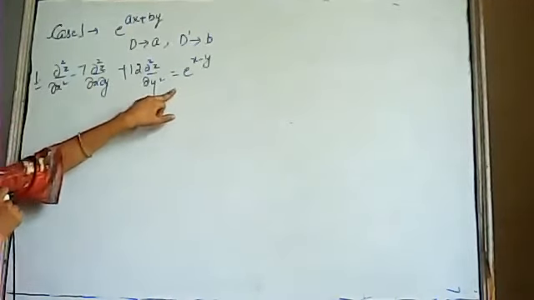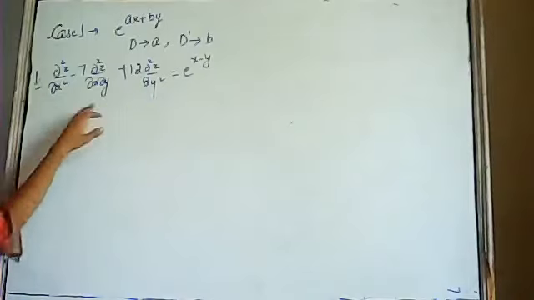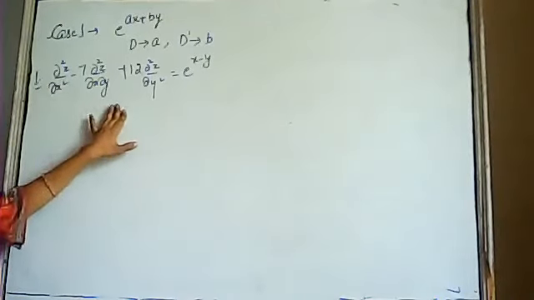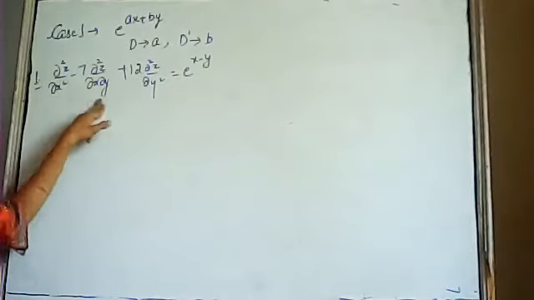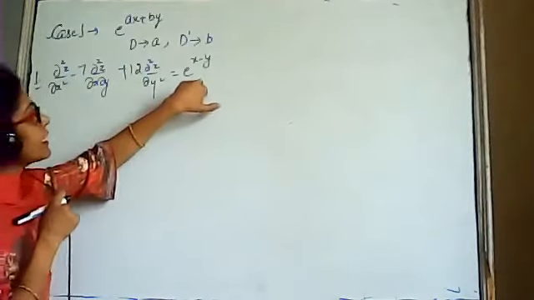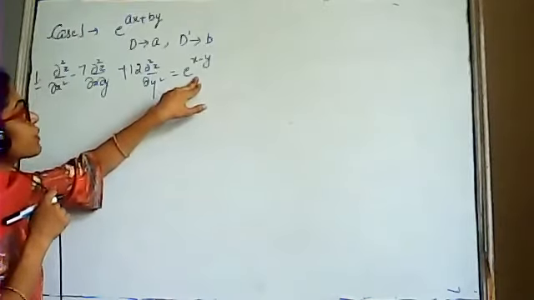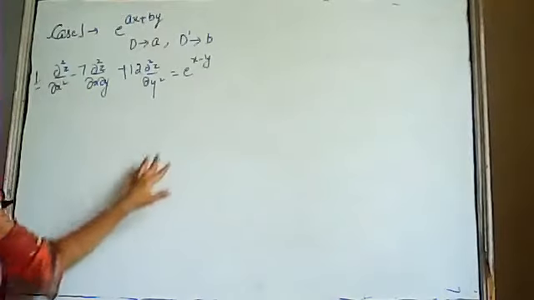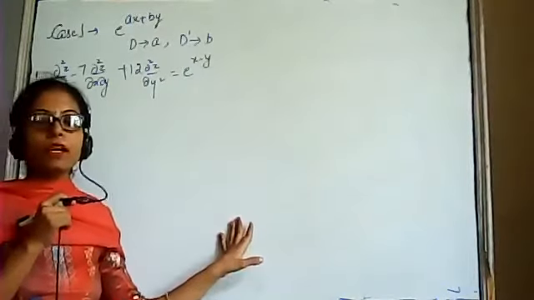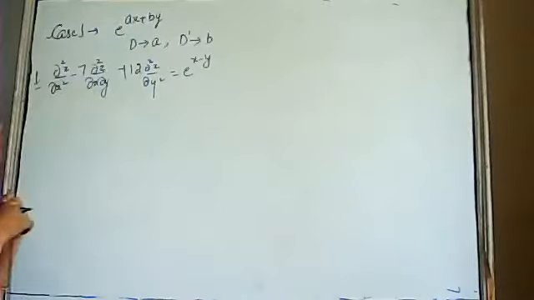In that case, we will find two solutions. One solution will depend upon the complementary function, that is when the right hand side is 0. After that, we take this term and find the solution corresponding to it, and this solution is known as the particular integral. The final solution will be complementary function plus particular integral.